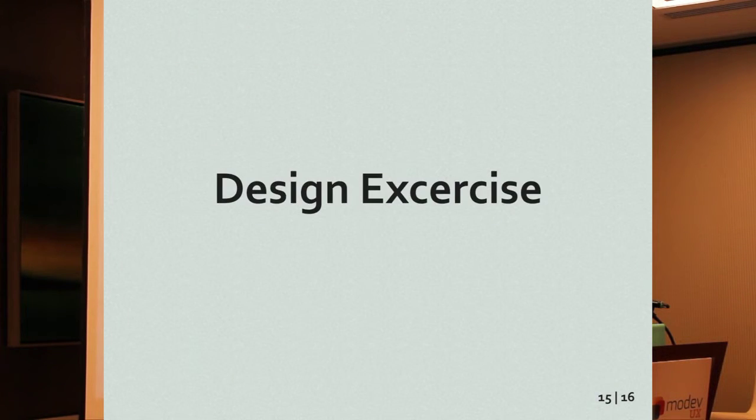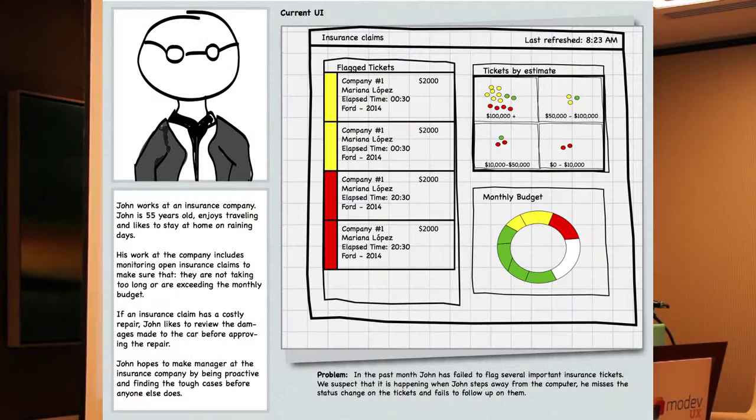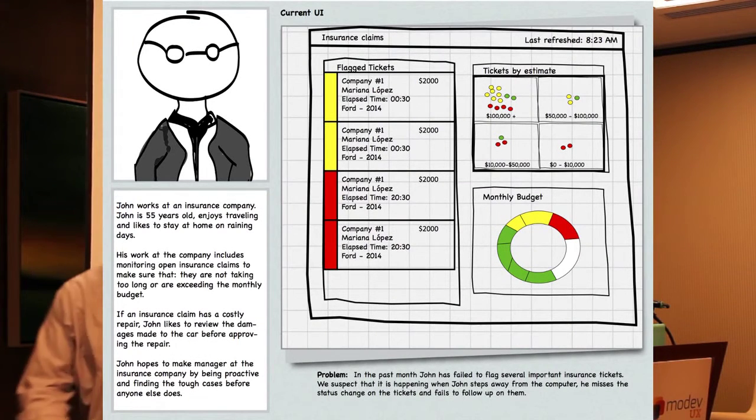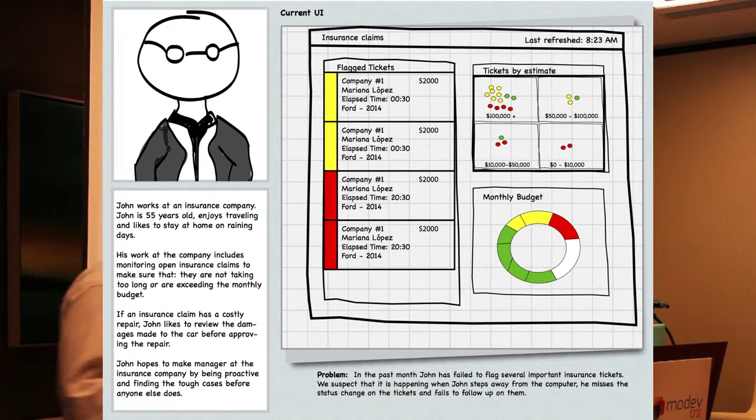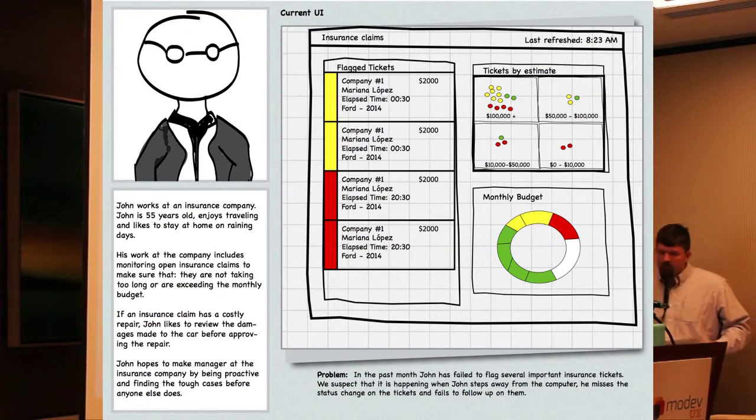So the next part is the design exercise. What I've done is I've created 3 personas. The first one is a monitoring application for an insurance claim, and what we want to do is make sure that people don't miss important items on the screen.